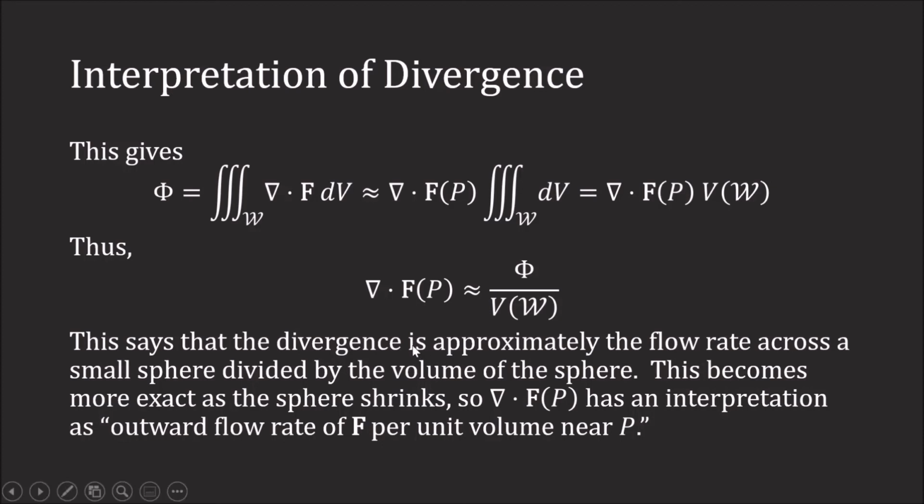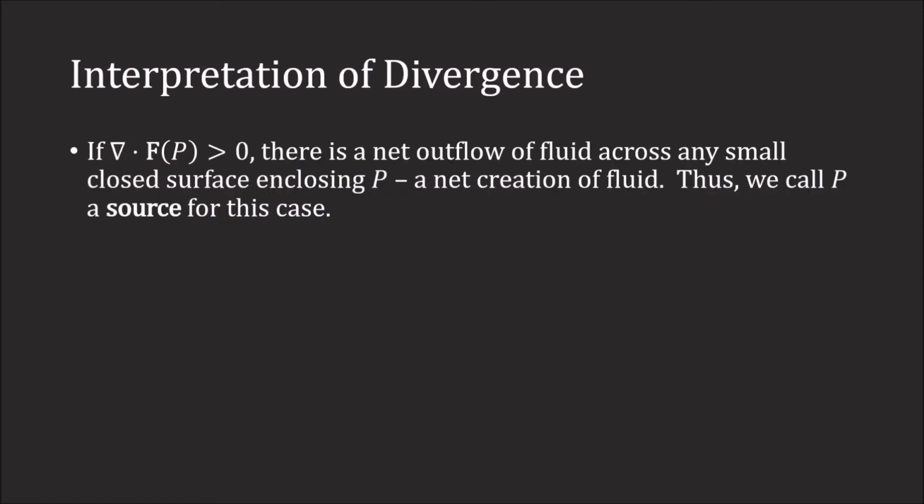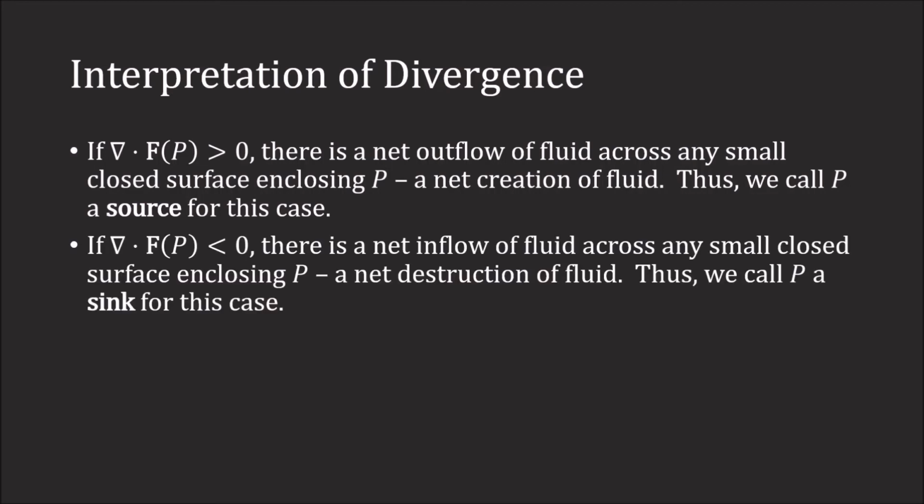So the divergence of F at P has an interpretation as the outward flow rate of F per unit volume near P. And we have three cases. The divergence is positive, in which case there is a net outflow of fluid across any small closed surface enclosing P. And we can think of this as a net creation of fluid. So for this case, we call P a source. The divergence could be negative.